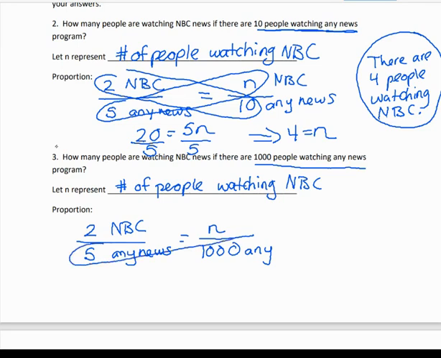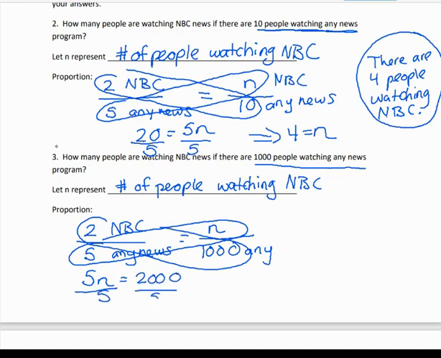So now I cross multiply, right? So 5 times that. It doesn't matter which pairing I do first. Please be clear of that. So I get 5 times n is 5n, and 2 times 1,000 is 2,000. And then we divide by 5. In that case, we get n equals 400.